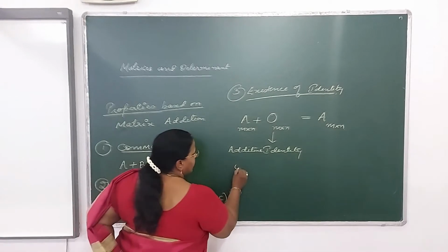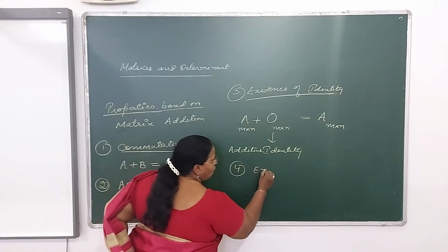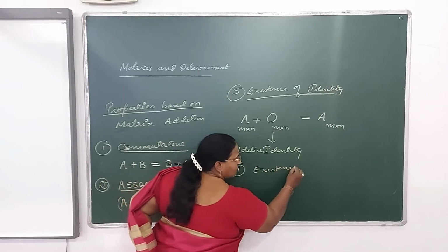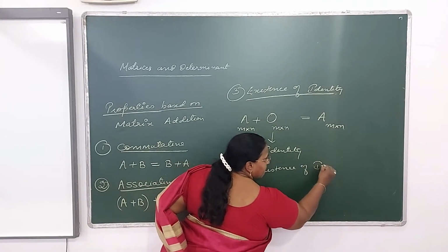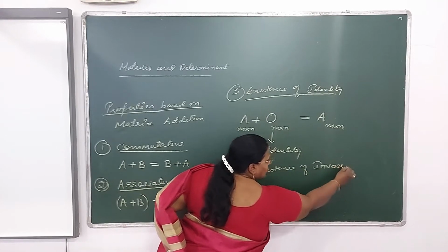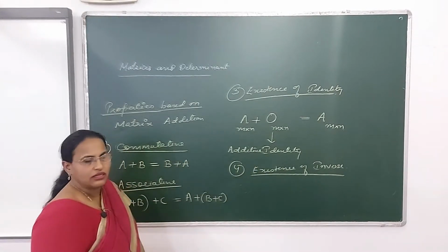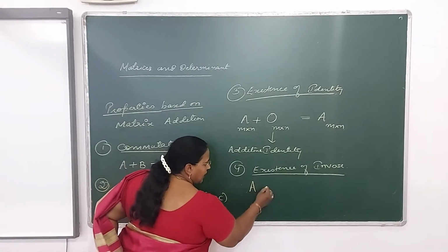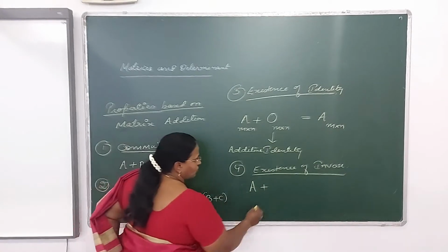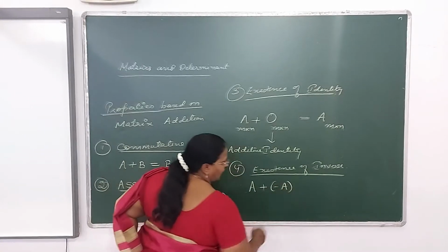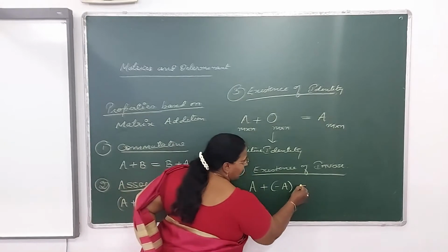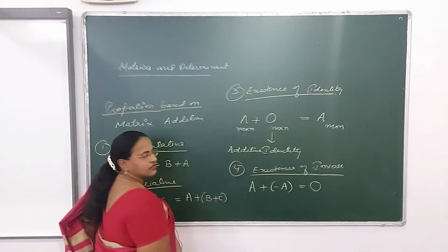Next, existence of inverse. Let A be a matrix of any order. Now when A is added to minus A, the resultant matrix will be a null matrix.